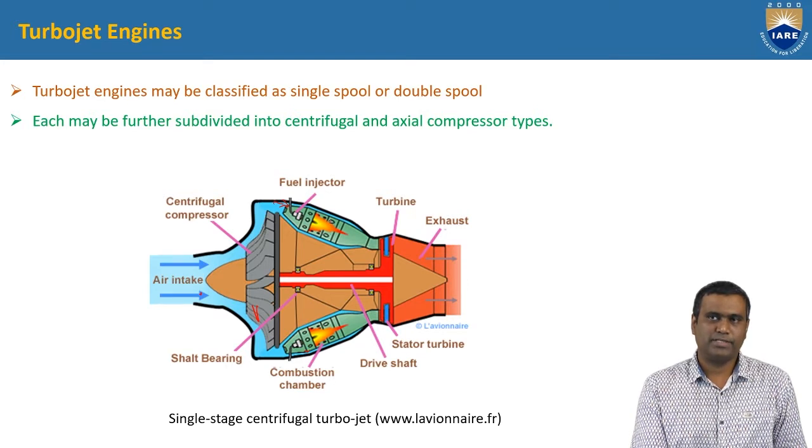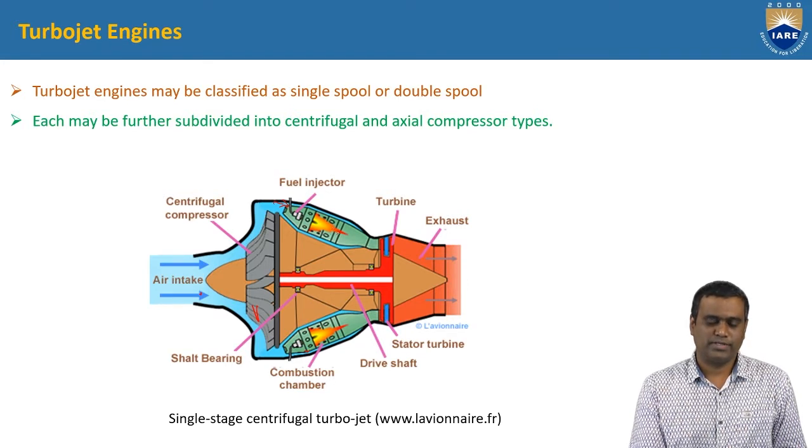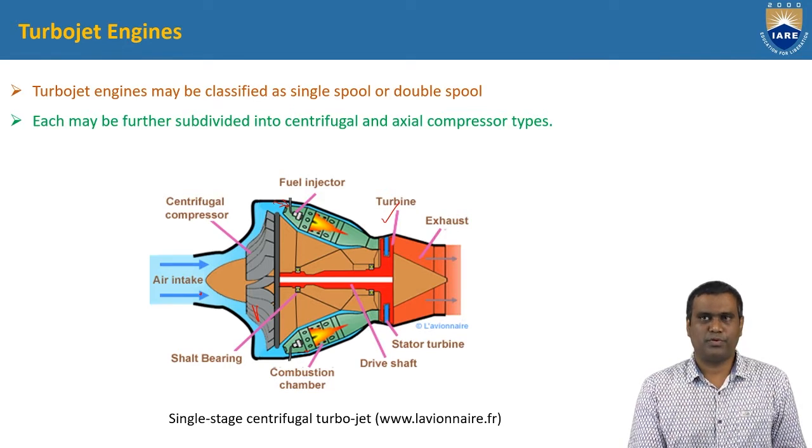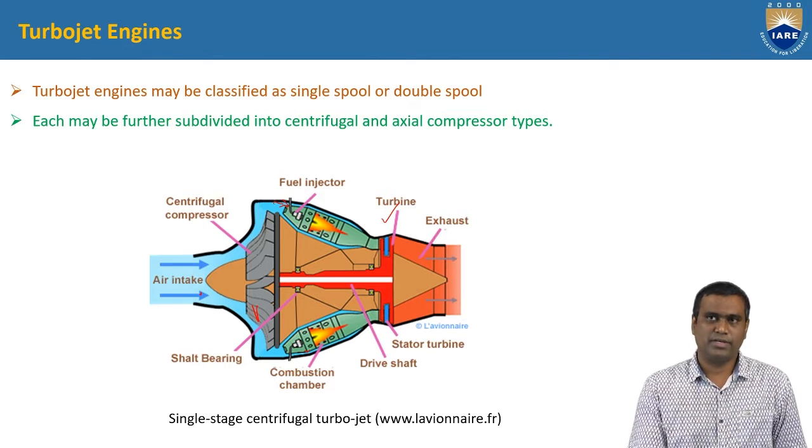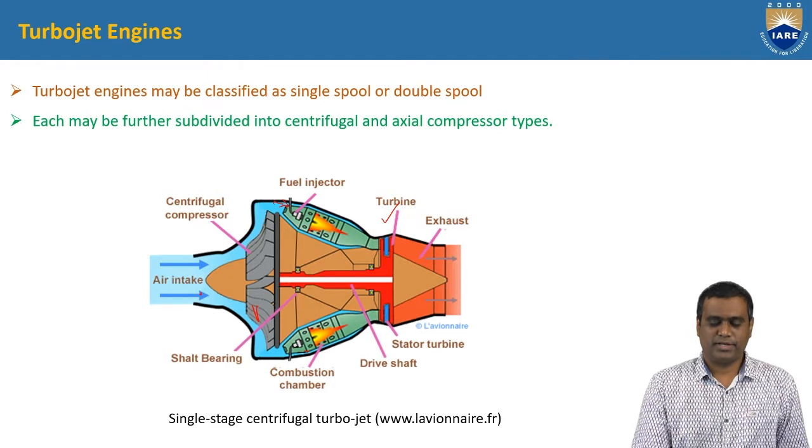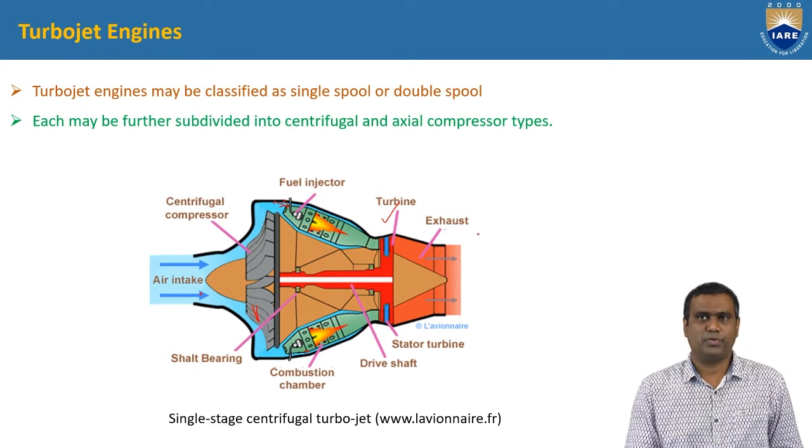Then combustion takes place. These combustion products are sent to the turbine and then pass through the exhaust, where thrust is produced. The nozzle converts this high pressure exhaust gas into high velocity gas. This thrust is produced here.